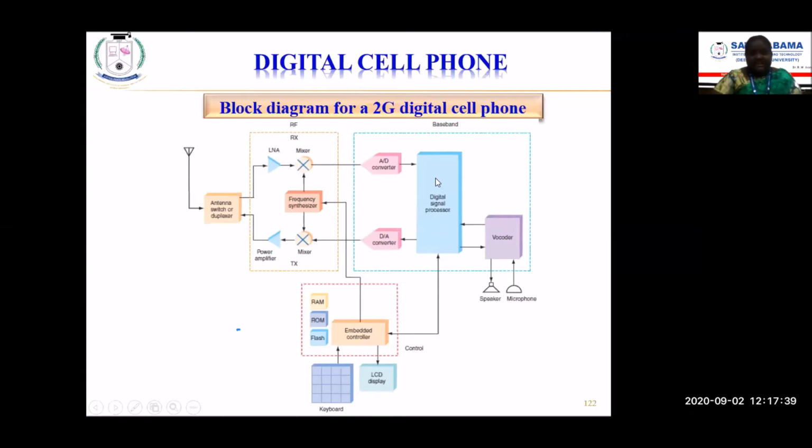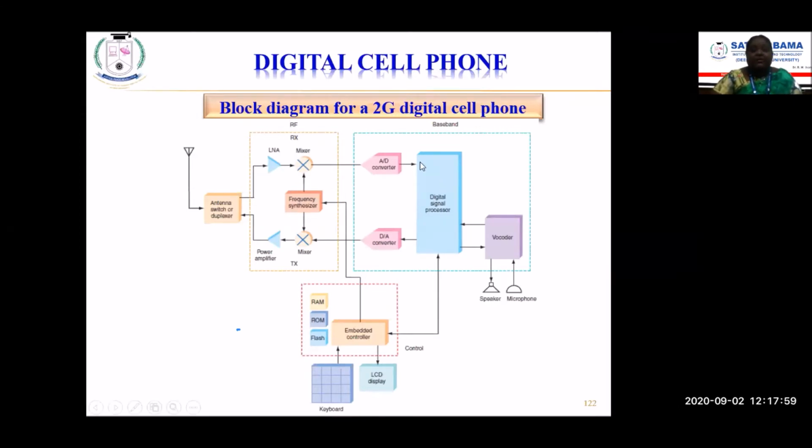And coming to the next section, the baseband section, it takes part in the signal processing functionalities. Whenever a signal is received, it will be in the analog format. So that will be converted to the digital format, because we are going to make use of digital signal processing methodologies.